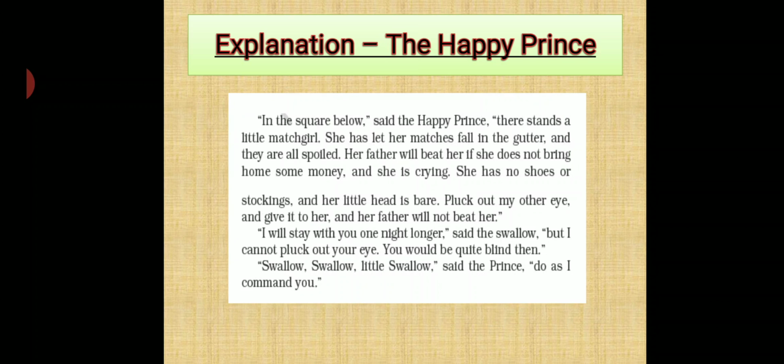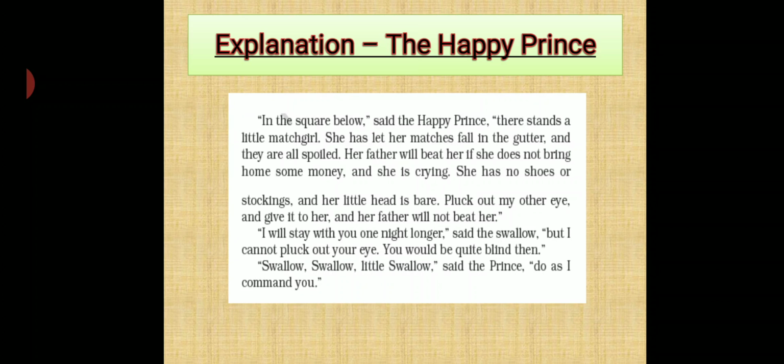And when she went home without money, her father would get angry and beat her. For this reason, the girl was crying. The happy prince said that she was not wearing shoes nor stockings and she had not covered her head. She was very poor. So he told the swallow to take out another sapphire from his eyes and give it to her so that her father did not beat her.